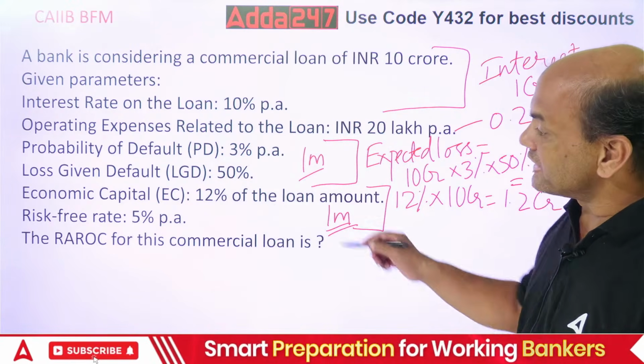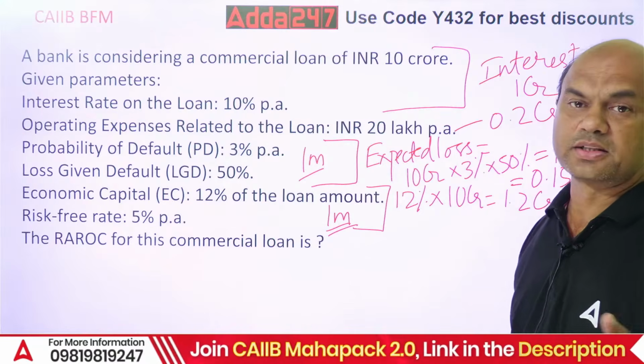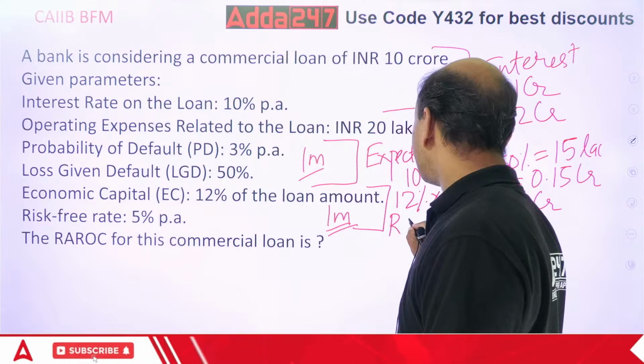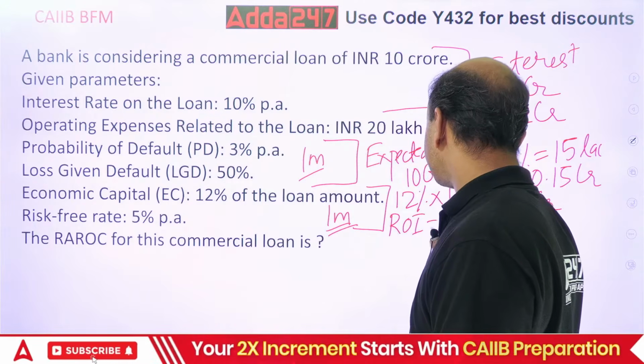But you want the risk-free interest rate, so you want the returns. That is called ROC, return on capital, or you can call it return on investment.